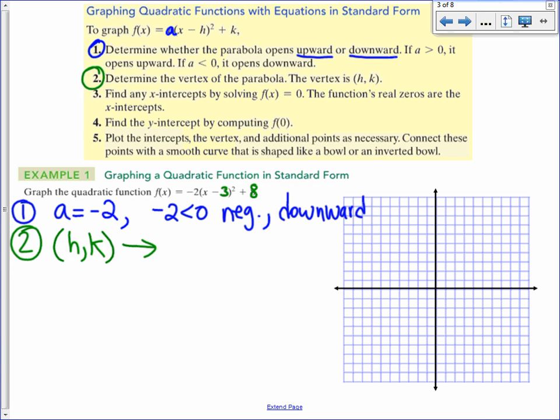So if you see a -3 here, then the vertex will have a +3. Now for the y-coordinate of the vertex, we take the same number given here. So that will be 8. So let's go ahead and plot the vertex. That will be at (3, 8). So that will be there.